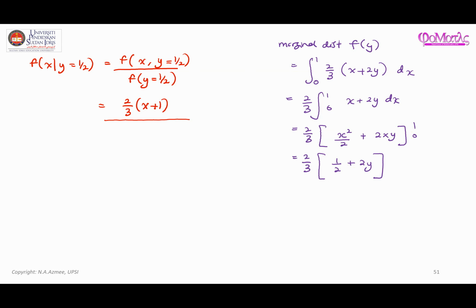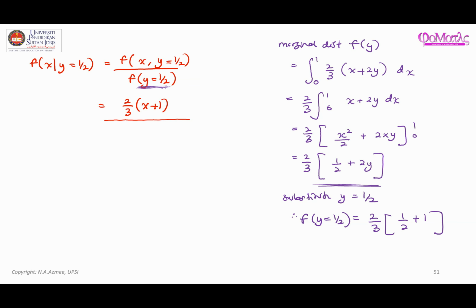Now we need to replace this part here with the marginal distribution when y is equal to 1 over 2. So substitute y equals 1 over 2. Therefore, fy at 1 over 2 is going to be 2 over 3 times 1 over 2 plus 1, since 2 times 1 over 2 is 1.